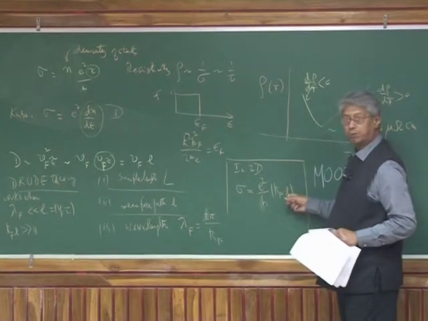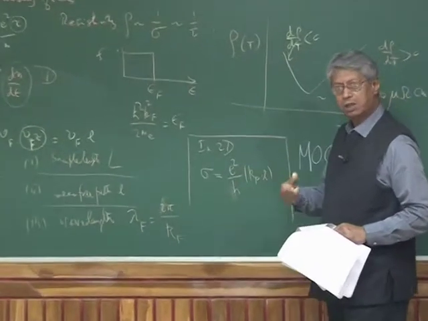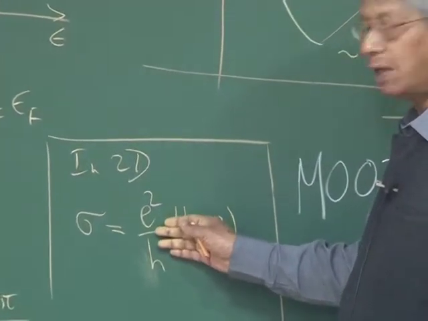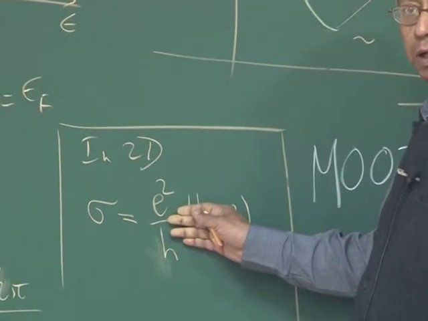Because L is the mean free path. kF, of course, depends on temperature and other things. It depends on the electron property. Times a fundamental constant, e squared over h bar.